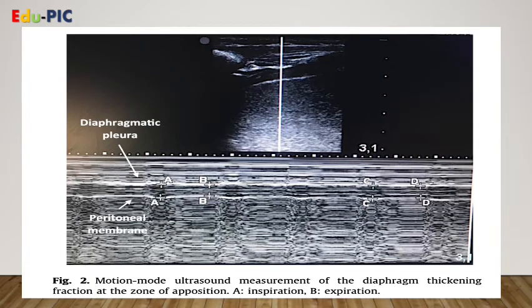And here we can take this measurement for these two points, point A which is showing the inspiration, and point B, which is showing the expiration. And you can measure from here to here. Then you take the difference between both points at the end inspiration and the end expiration.